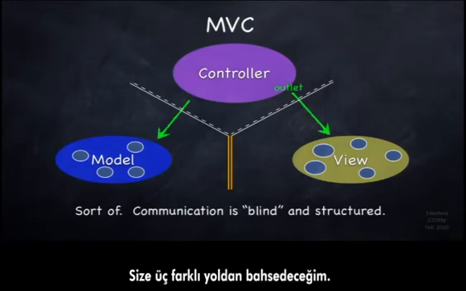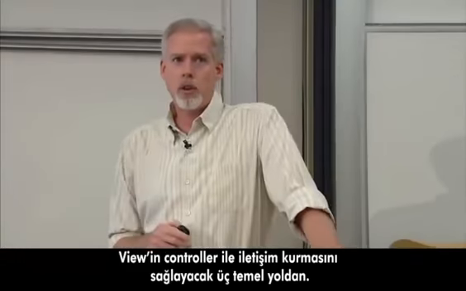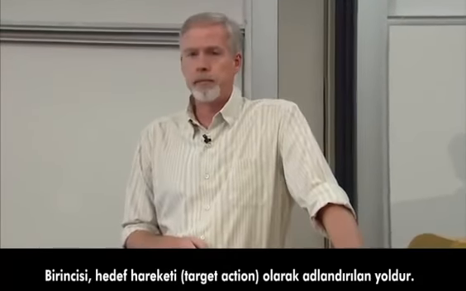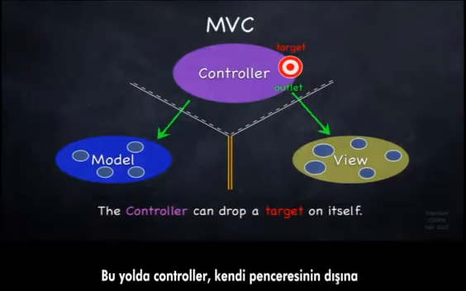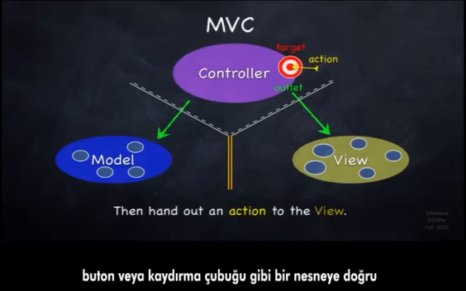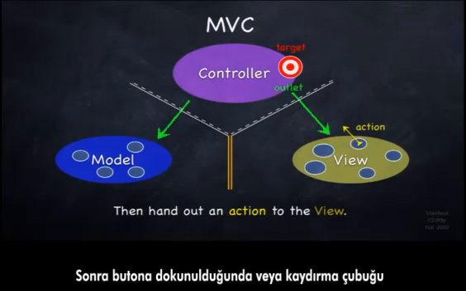I'm going to talk about the 3 primary ways that the view is going to talk to the controller. The first one is called target action. The controller basically hangs a target up outside its window, and then it hands an action out to the view that it's interested in hearing from, like a button or a slider.